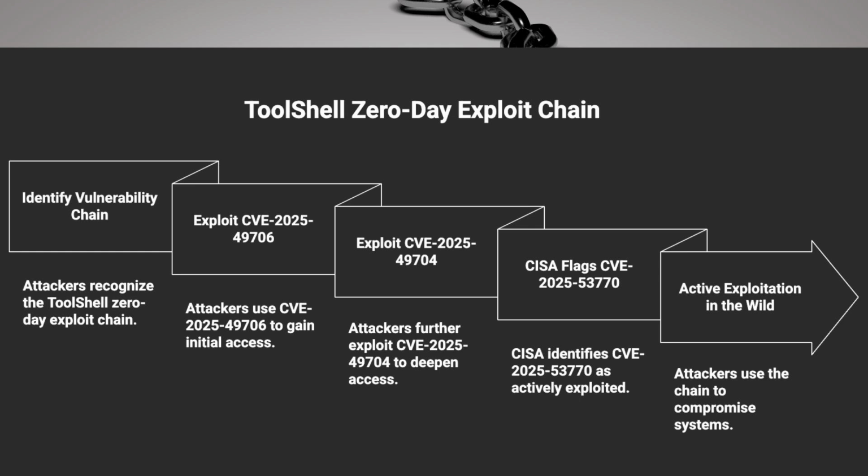This chain includes serious flaws such as CVE-2025-49706 and 49704. CISA, which is the Cybersecurity and Infrastructure Security Agency, has also flagged CVE-2025-53770, a remote code execution flaw that's part of this very same ToolShell chain, in its catalog of actively exploited vulnerabilities. This isn't just theoretical, these are being actively used in the wild to compromise systems.